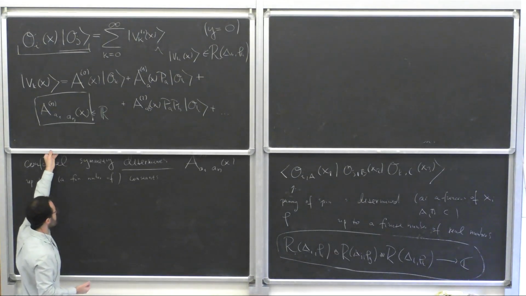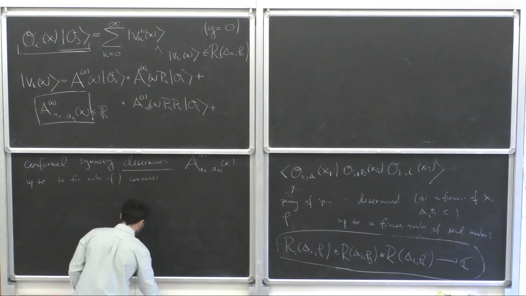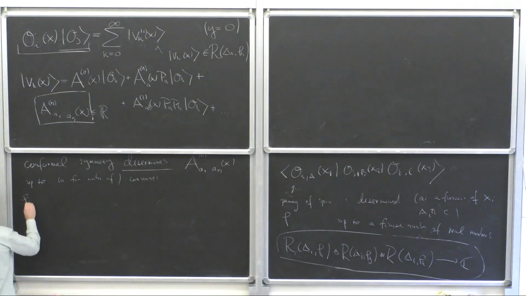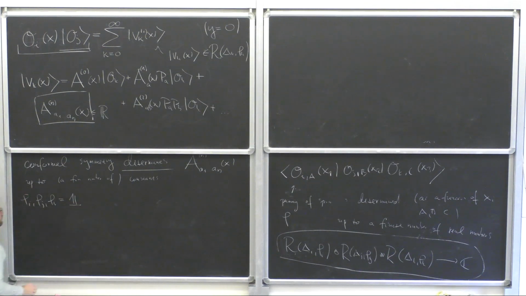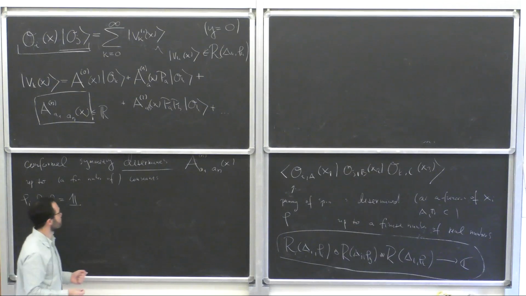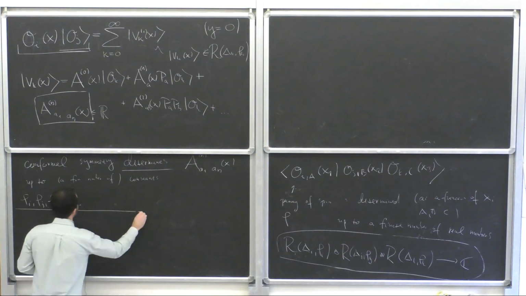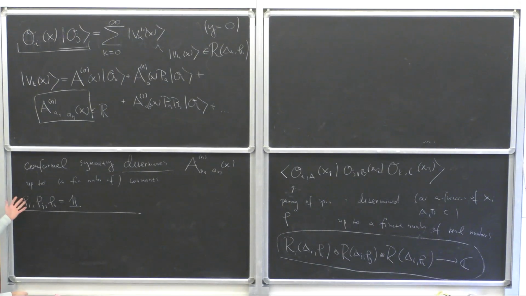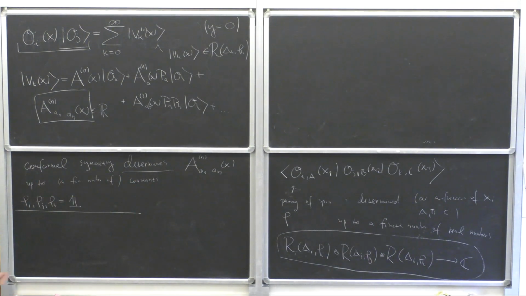What we are going to do is focus on the simple case where, again, rho i, rho j, rho k are scalar, so the trivial representation. But the same reasoning will apply also in the most general case. Okay, so the idea is that conformal symmetry will determine these A's up to some finite number of constants. So let's see how that works.